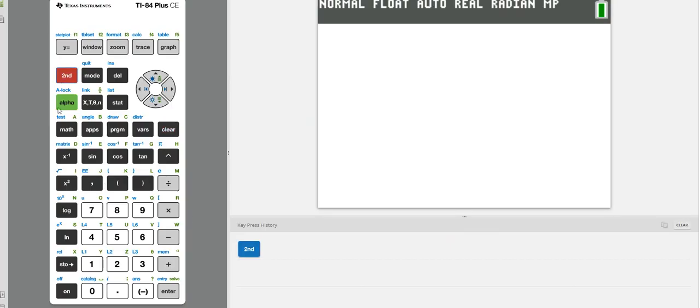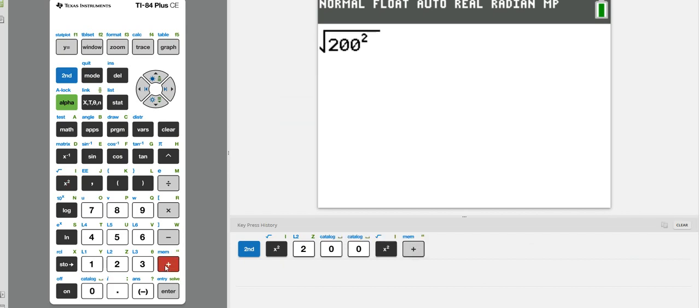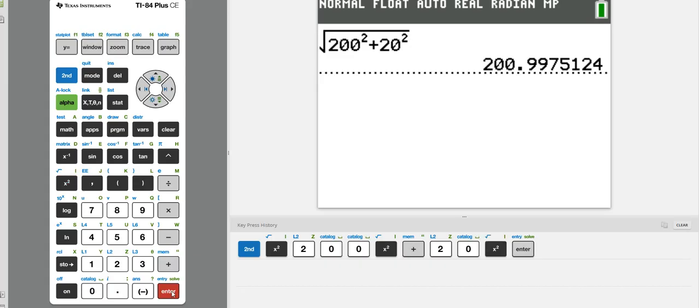Square root of 200 squared plus 20 squared. Bam. So you're getting something a little bit more than 200 feet. Did it add a whole lot to his journey that he had to hike up as opposed to just hiking horizontally?